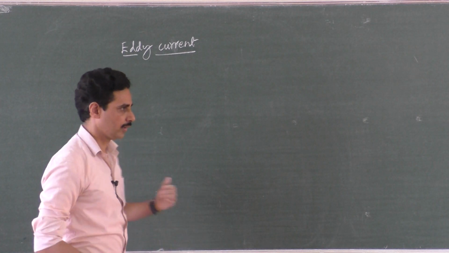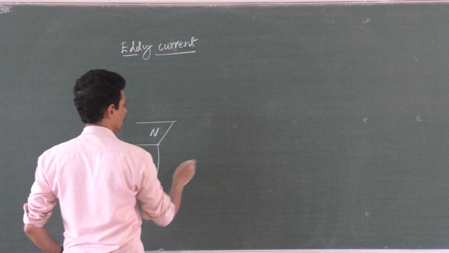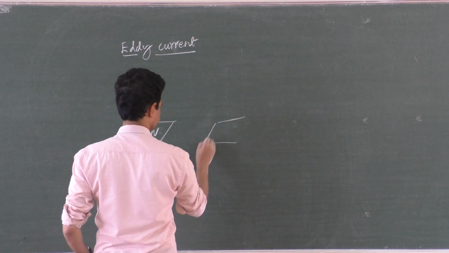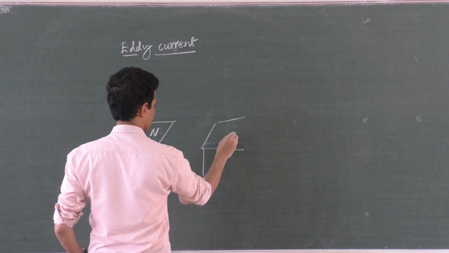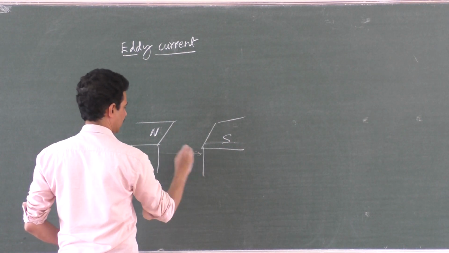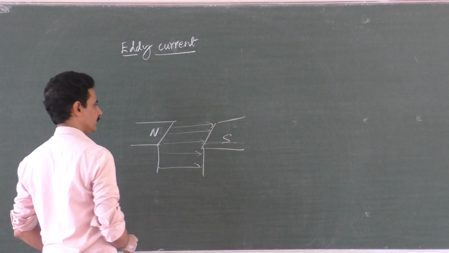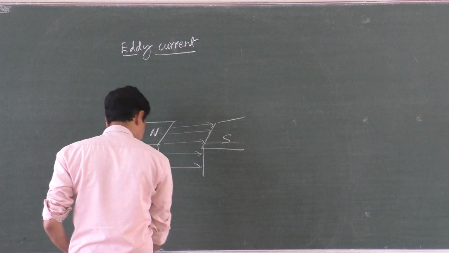What you have to do is take a strong magnetic field. Say this is a north pole and this is a south pole. You know that the magnetic field starts from north and ends in south. That is outside. Inside the magnet also it exists.